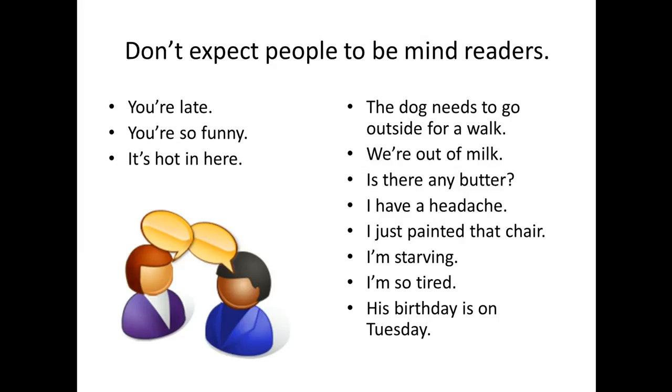If my husband comes home and I say, I'm starving, it means it's time to eat. I'm so tired, leave me alone. If he says his cousin's birthday is on Tuesday, this is not a point of fact. I have to do some things about that. We need a card, we need a gift. So in speech, we do this all the time. In academic writing, though, we must be more precise than this.